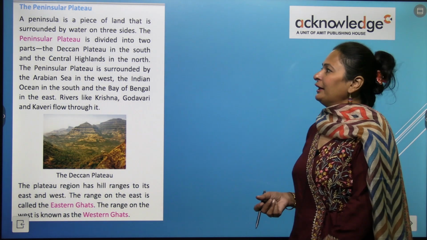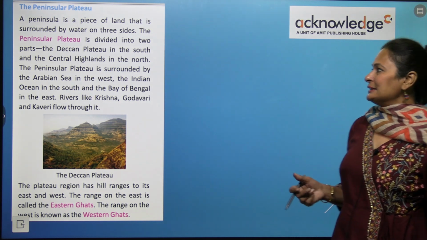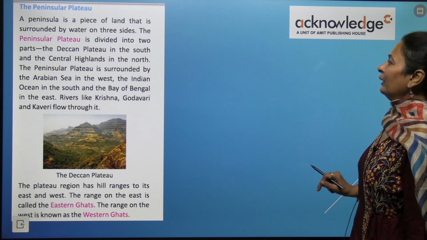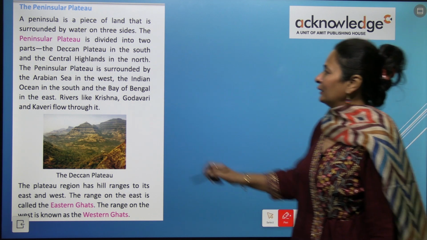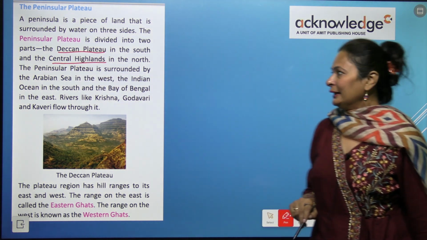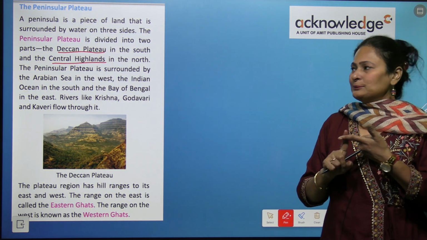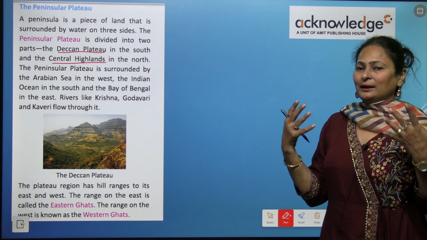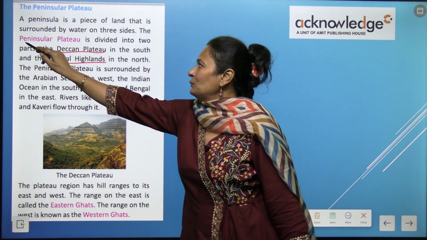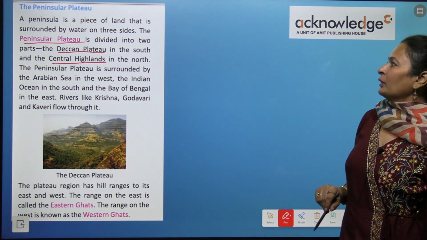So plateau is divided into two parts, Deccan Plateau in the south and the Central Highlands in the north. Deccan Plateau and Central Highlands. Means these both parts join together and make Peninsular Plateau, right?